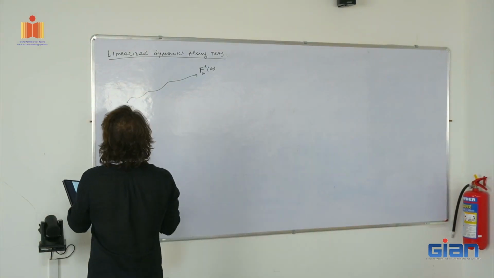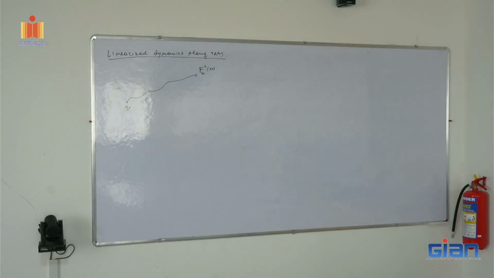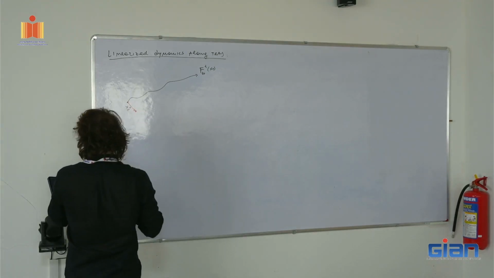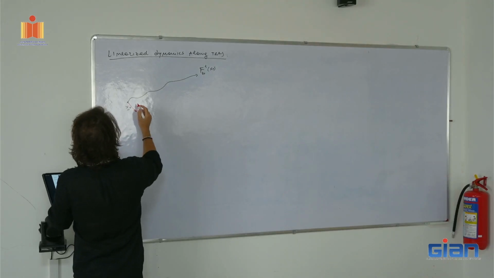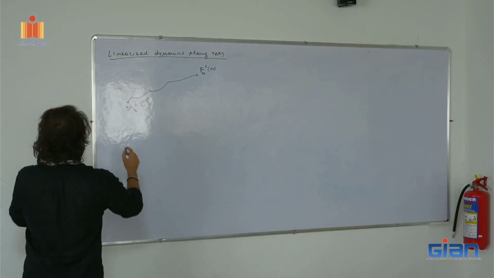And then what you say is, okay, let me look at a friend that starts nearby. Let's say you start here, a close initial condition, and I'm going to call this perturbation vector epsilon times zeta 0, where epsilon is small.